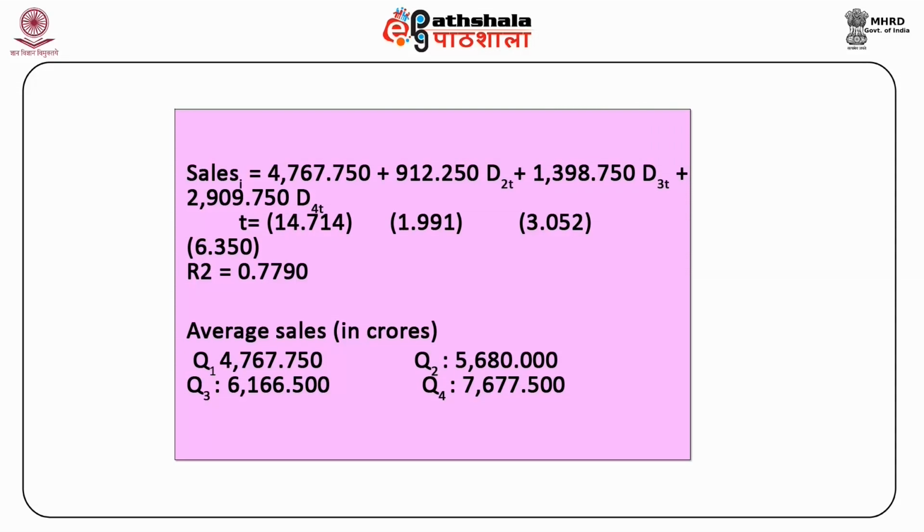The individual intercept values are respectively, all in crores: first quarter Q1 equal to 4767.750, second quarter Q2 is equal to 5680.00, third quarter Q3 is equal to 6166.50, and the fourth quarter Q4 is equal to 7677.50.